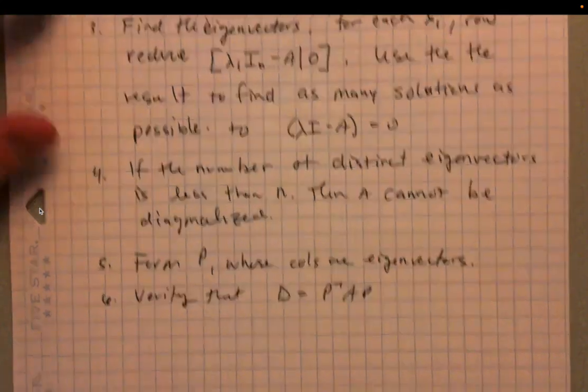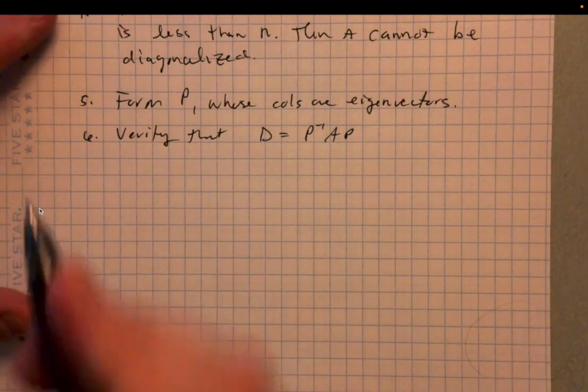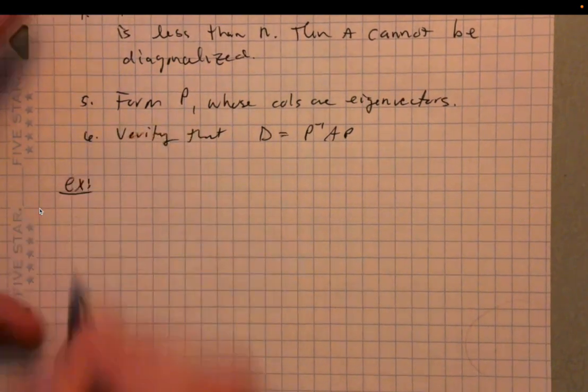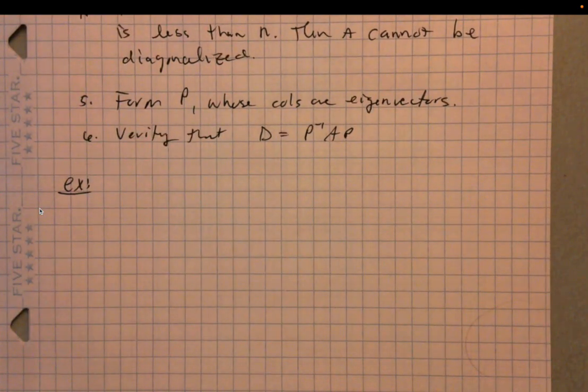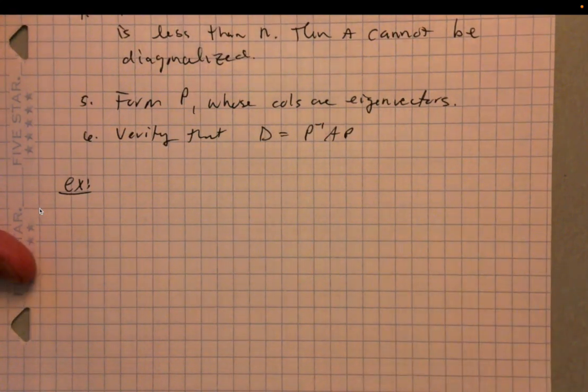Okay, and so we're going to actually do an example here, and I'm going to fill in a lot of things from my example. I'm pulling this example out of a textbook, and the textbook isn't providing the calculations, and I'm not going to either. I'm just going to present them to you, and you can verify them. But this will help you at least see the process at work here.